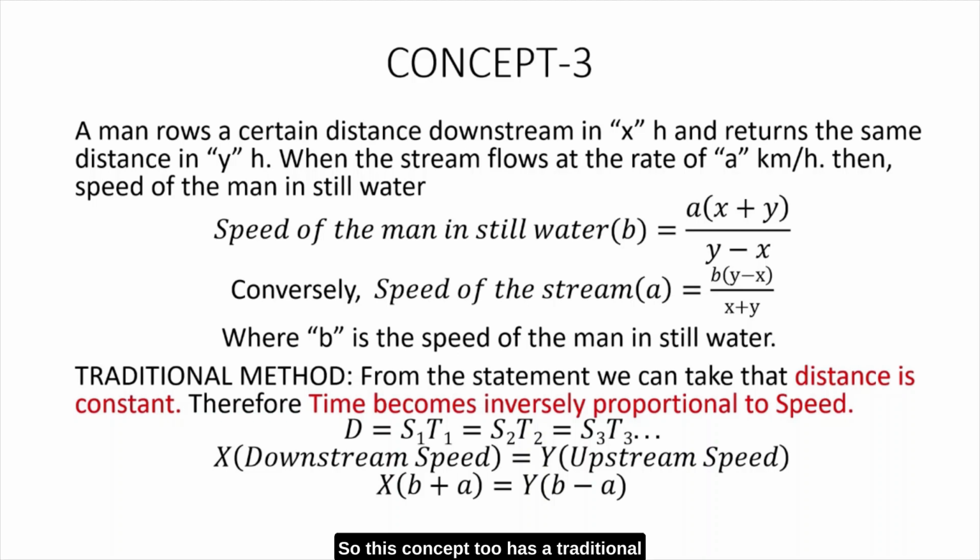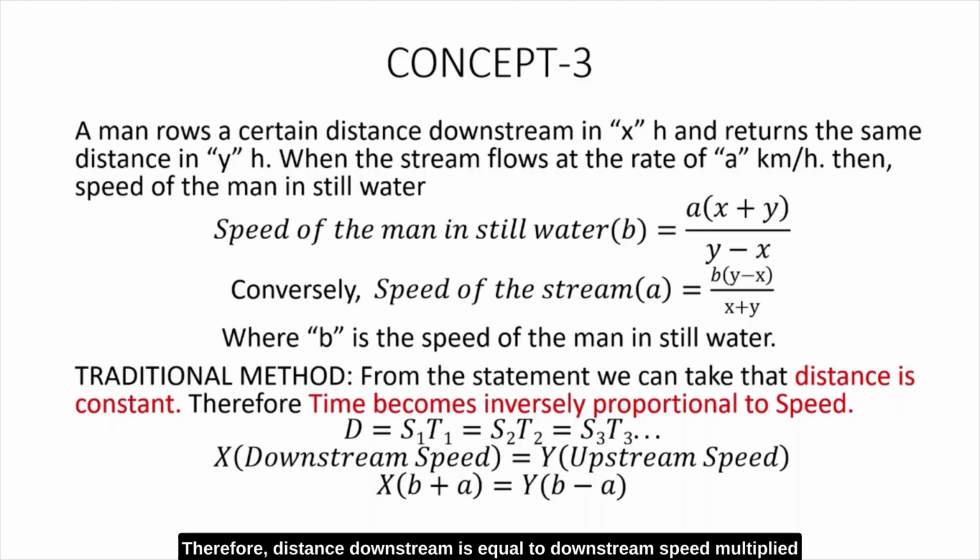This concept too has a traditional method which makes it easier for understanding. We can clearly say that in the question, the distance traveled downstream and the distance traveled upstream remain the same. Therefore, we equate them. We know the basic formula: distance is equal to time into speed.